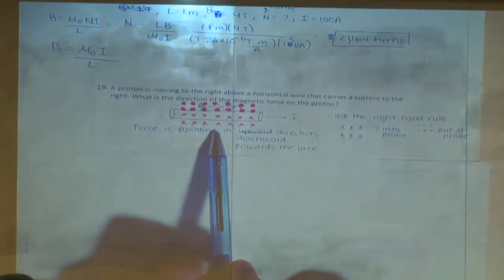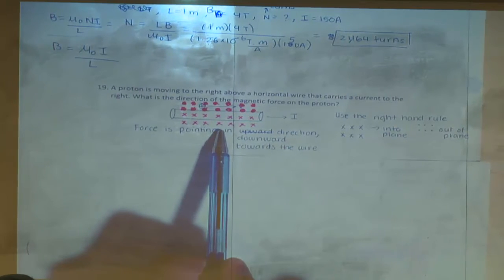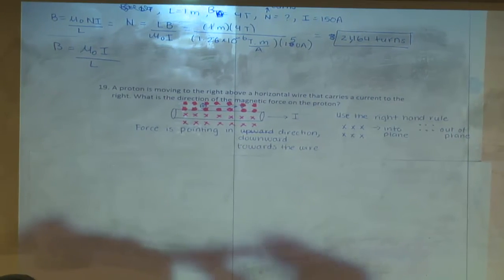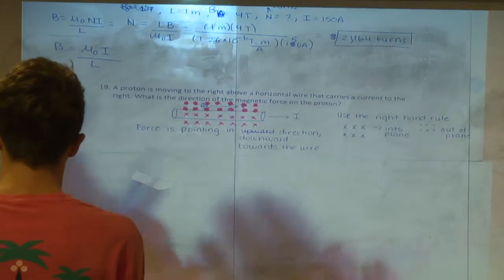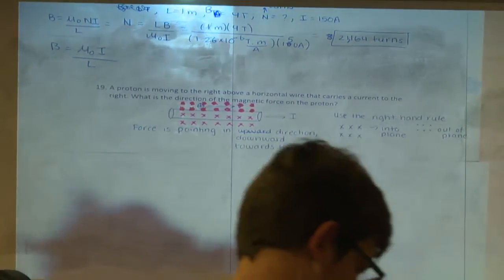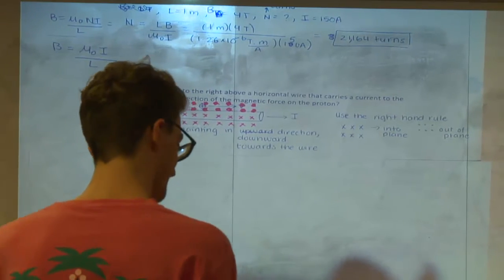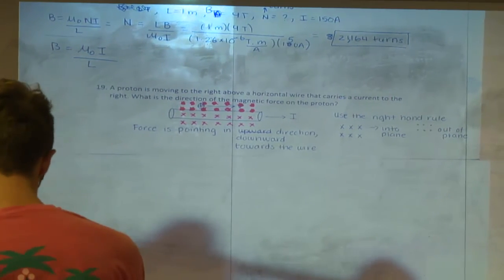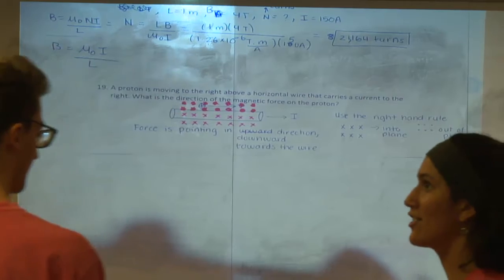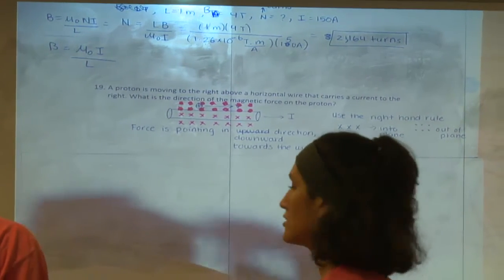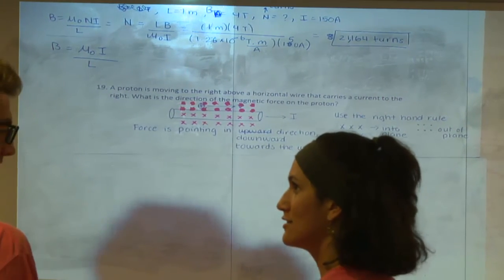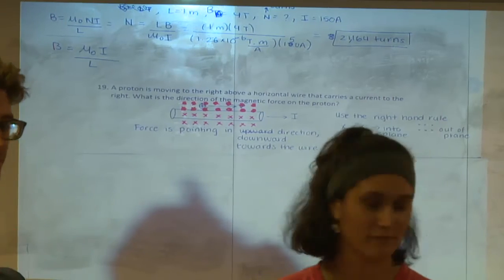So if you use the right-hand rule, we're going to be using two right-hand rules basically. The first right-hand rule gives us the direction of the magnetic field. Once we have the direction of the magnetic field, we use the second right-hand rule to find the direction of the force.